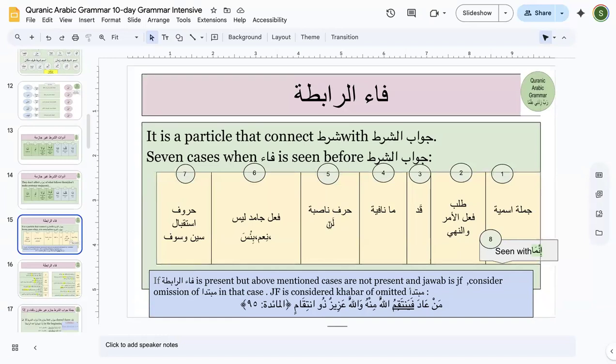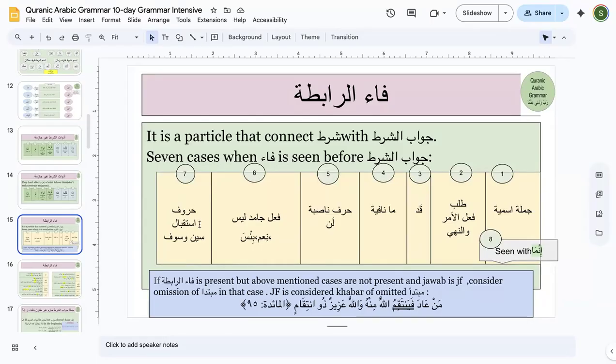If your jawab has harf nasiba lan in the beginning, it will need fa'u rabita. If your jawab is fail jamid, these are the af'al that only have past tense form, do not have any mudare, any present tense form, any command form, these af'al, when they come as jawab, will need fa'u rabita.